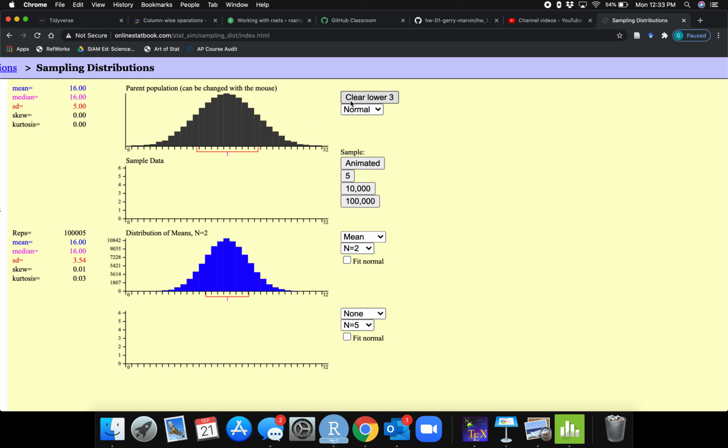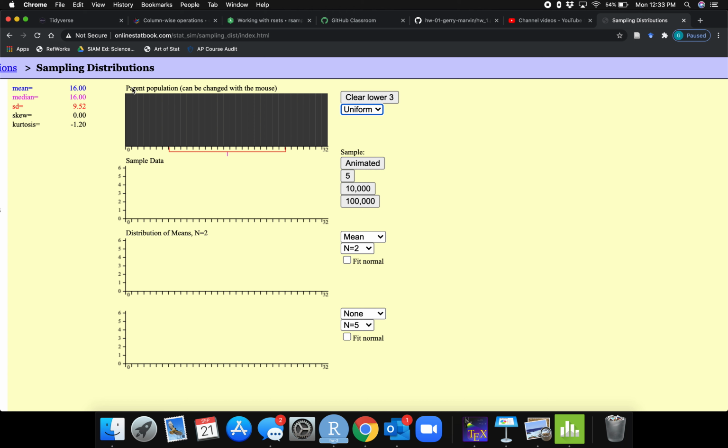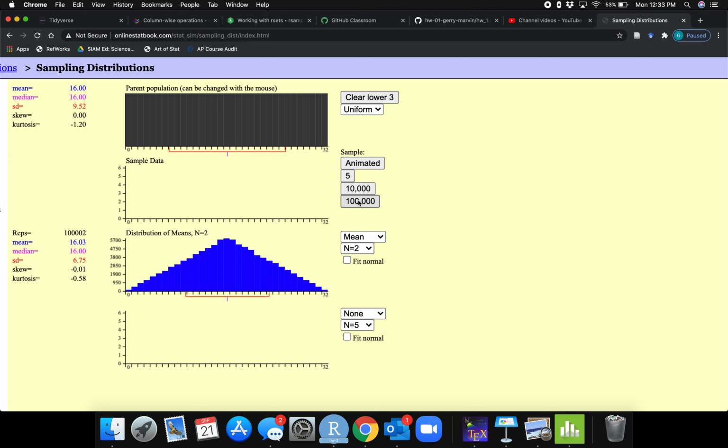Now, instead of having a parent population that is normal, say I have one that's called uniform. So we'll see the uniform distribution here. If I take a sample of size 2 from the uniform distribution, what I'm going to get, if I do this 100,000 times, is something that is very not normal.